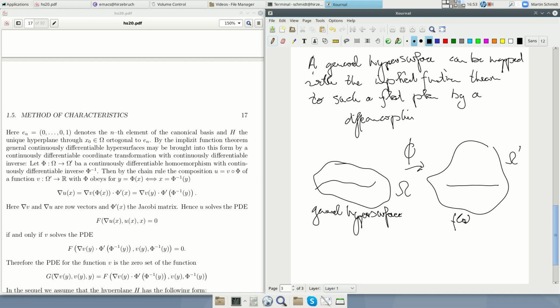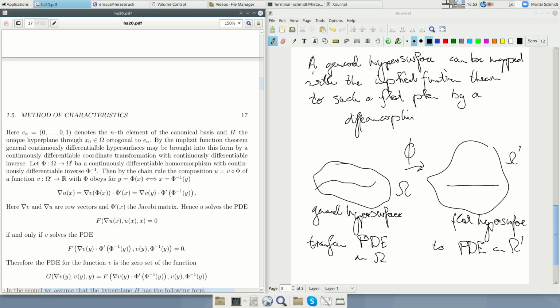But this means we have to transform our first order PDE, the PDE on omega, to a PDE on omega prime.